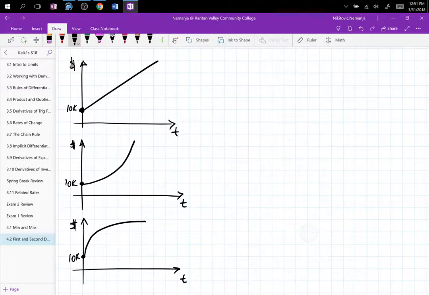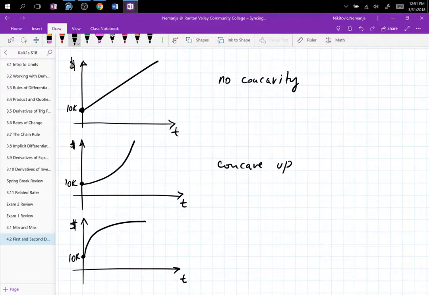So I'm just going to say over here, no concavity, concave up, and concave down. So these are the three cases.